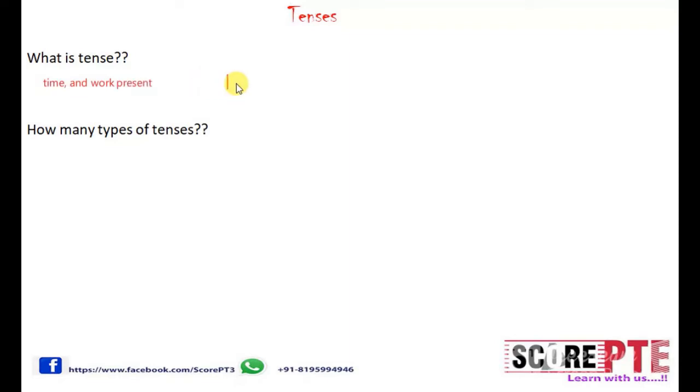Present, past and future time. It means that we have three types of tenses: present tense, past tense and future tense.